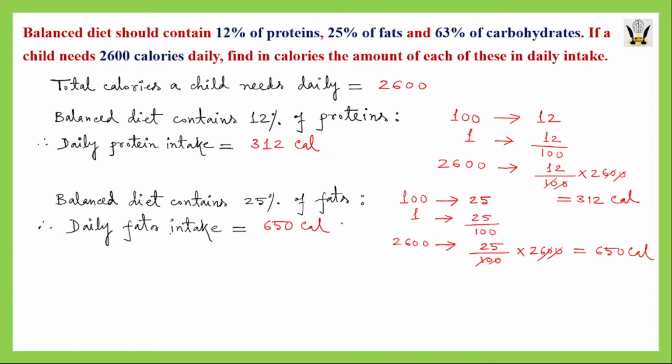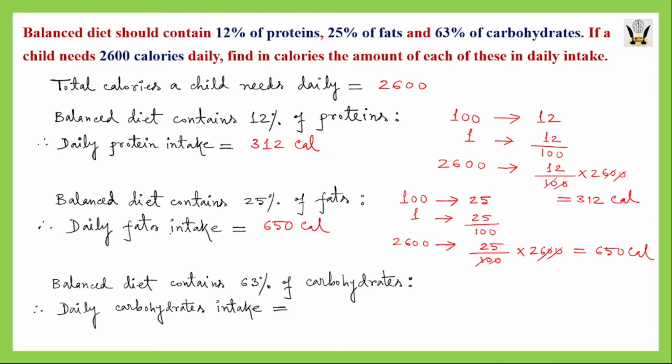Now next is carbohydrate, and what we can see here is 63% is for carbohydrates. So in the balanced diet 63% is carbohydrates. We have to find the daily carbohydrate intake, and the concept and approach will be the same. So 63% means out of 100 the amount of carbohydrates in calories will be 63. Out of 1, again it will definitely be less than 1, and that will be 63 divided by 100.